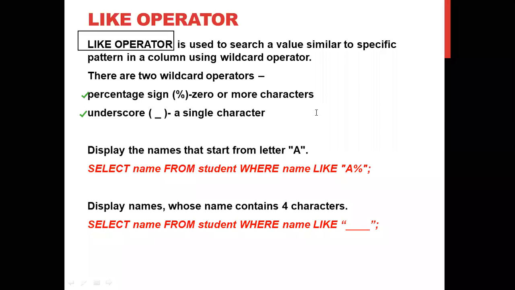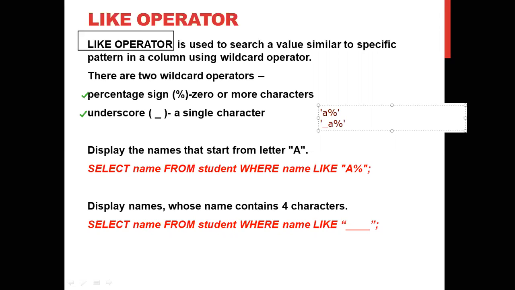For example, if the first character must start from A, then we write A, and after this maybe 0 or any characters. If the second character is A, it means one character before A, that is we write underscore, then A. If no other condition is given, it means after A there may be more characters, then we put percent.